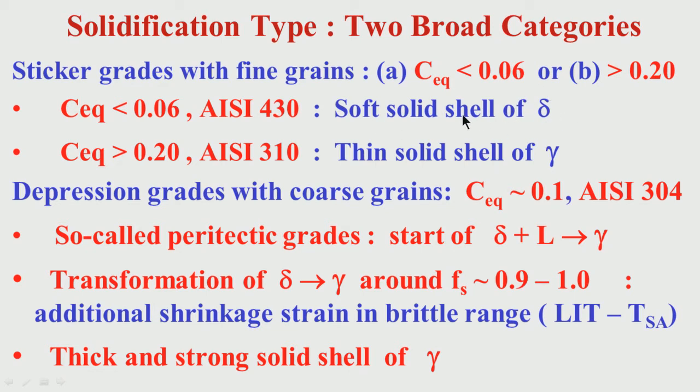So that also cannot resist ferrostatic pressure strain, so it is a sticking tendency. But when the carbon equivalent is around 0.1, or AISI 304 having nickel equivalent by chromium equivalent around 0.55, slightly more than 0.55, you have depression, so you have relatively coarse grains.